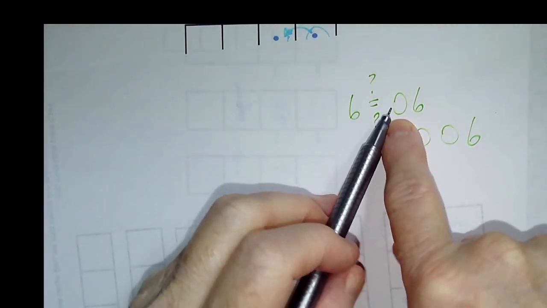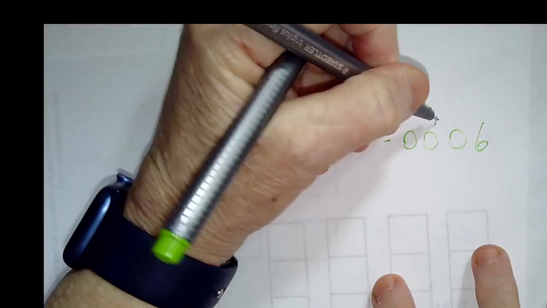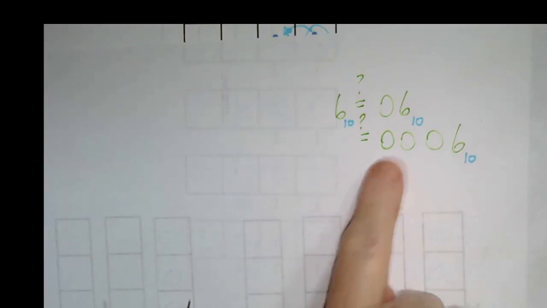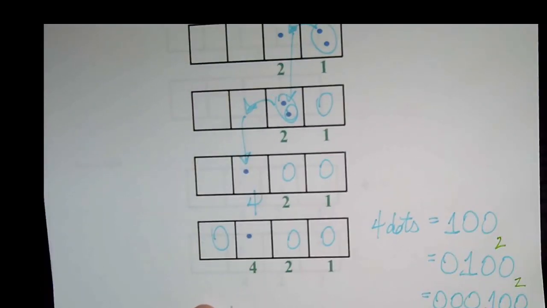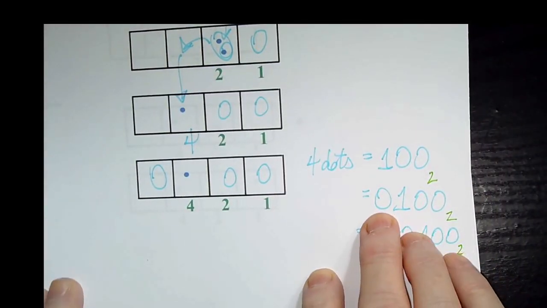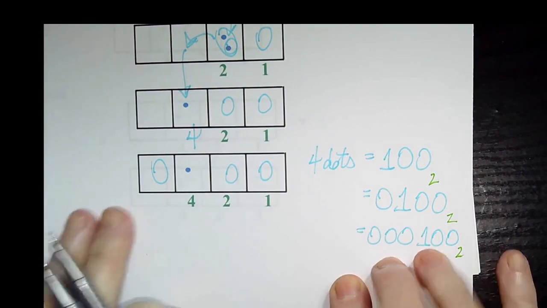We can put zeros on the left side of any number and not change it. And I'm going to put a little 10 to remind myself that this is base 10. Anytime it's unclear what base I'm working in, I need to put a little number to the lower right. Okay, so that's what I mean by adding boxes or adding zeros to the left. We can add as many as we want.